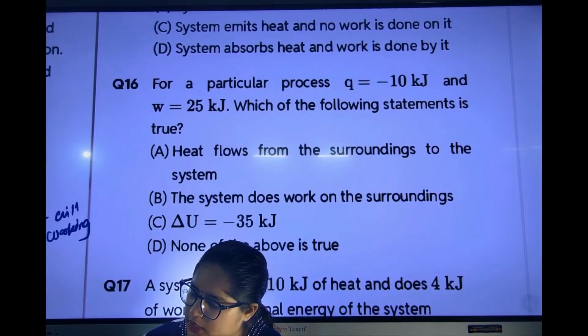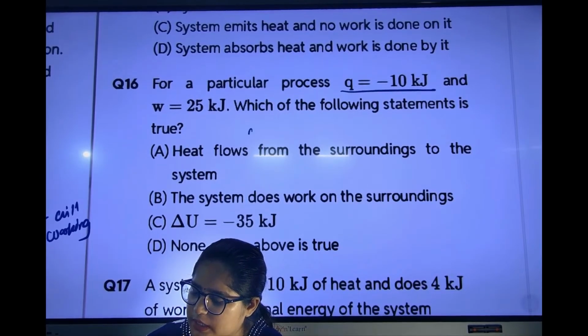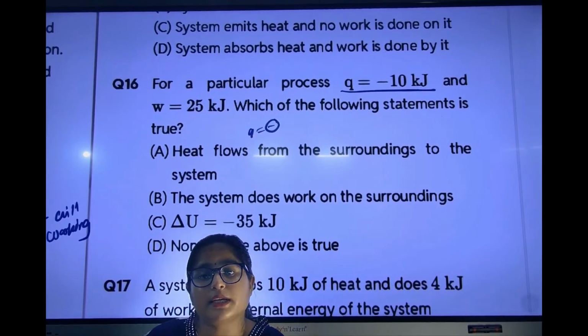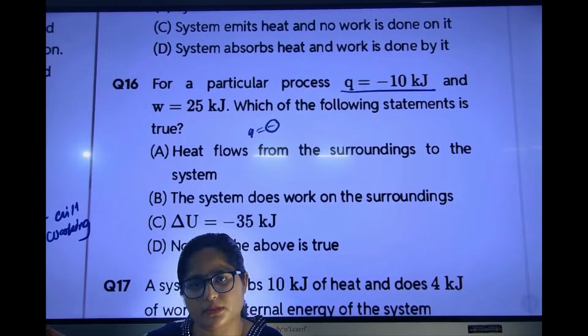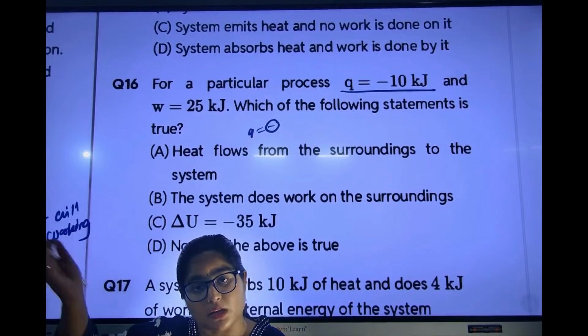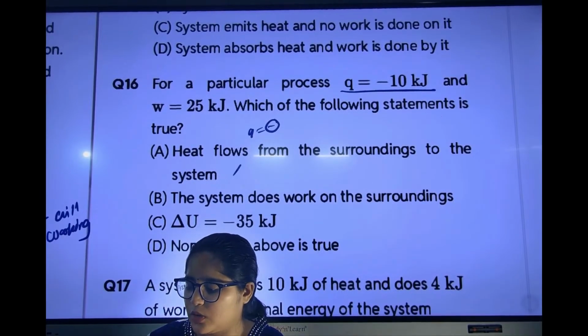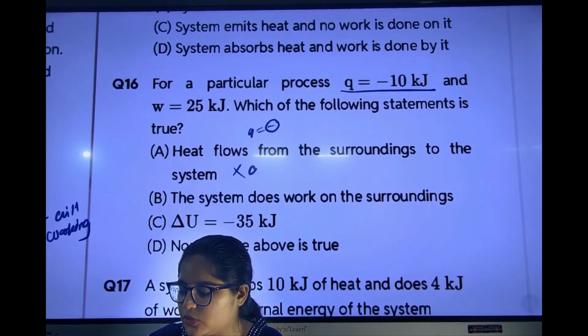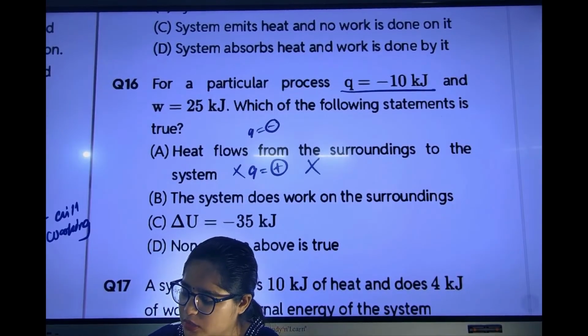Now see here, heat is negative, which means heat is released. System to surrounding, heat is released. They are saying heat is flowing from surrounding to system, which means Q will be positive. No, heat is negative. This option is wrong.